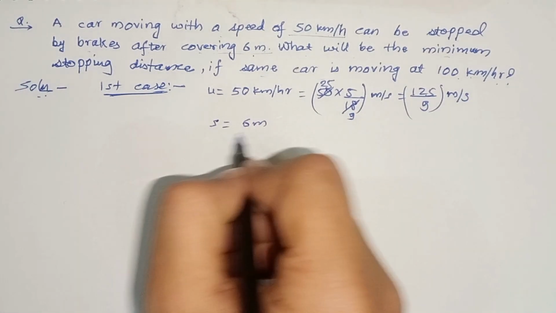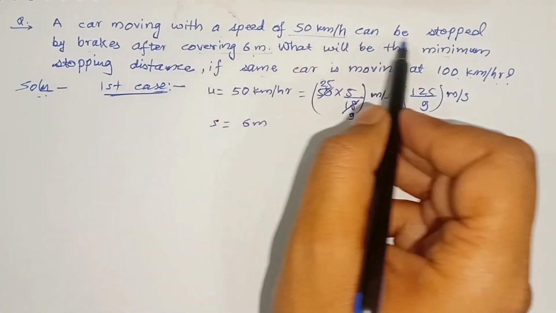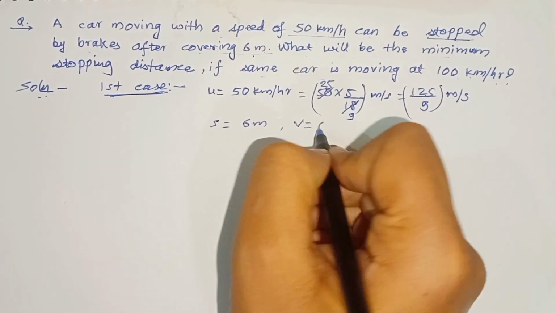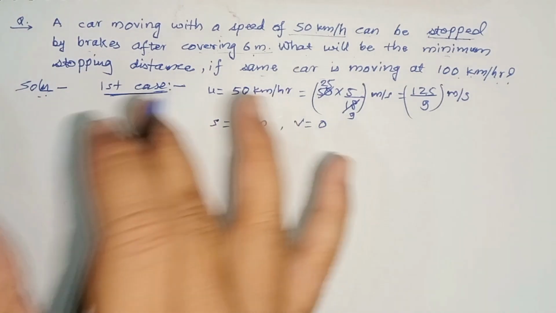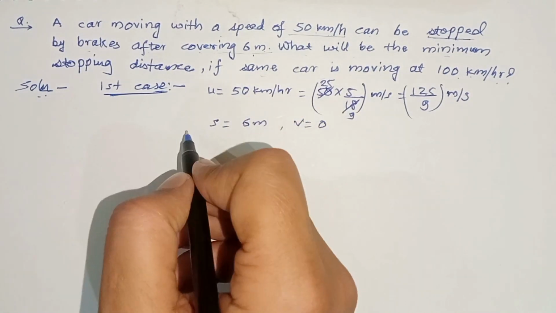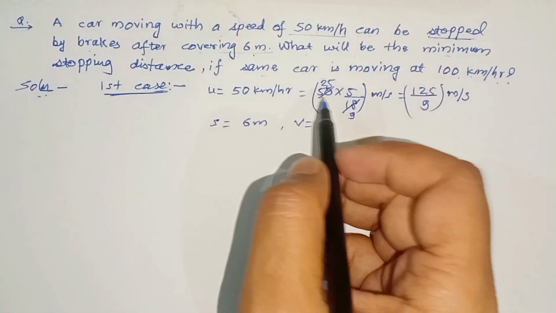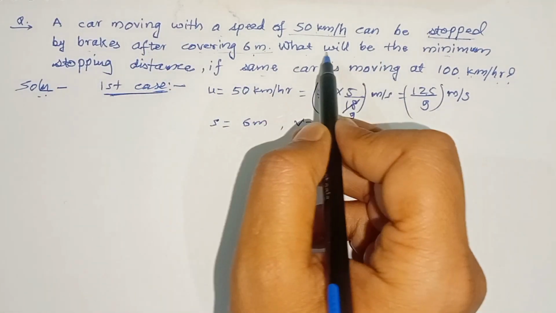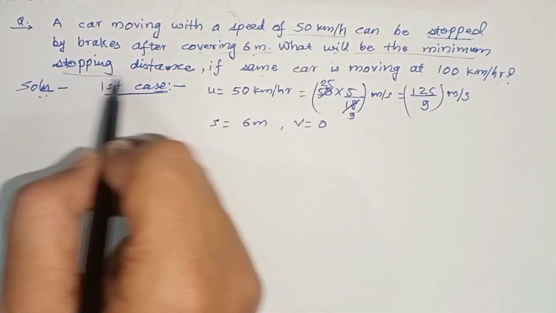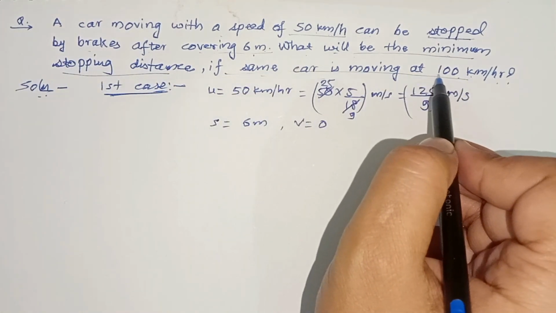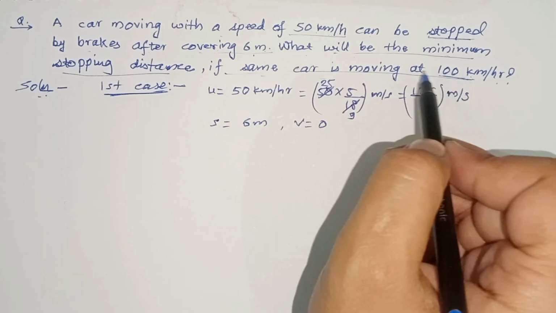Stopped means the final velocity is 0. This all is given. Now what do we require? We require the minimum stopping distance if the same car is moving at 100 km per hour.